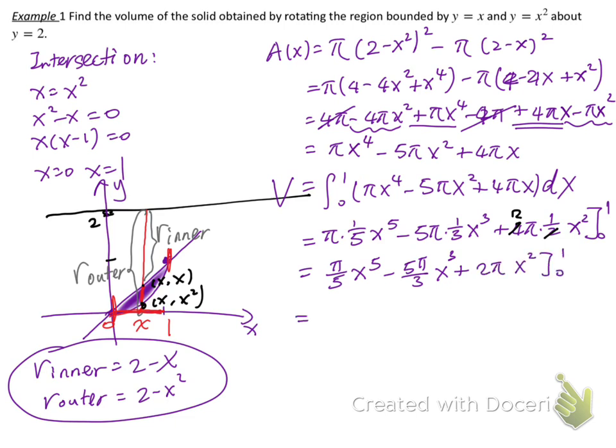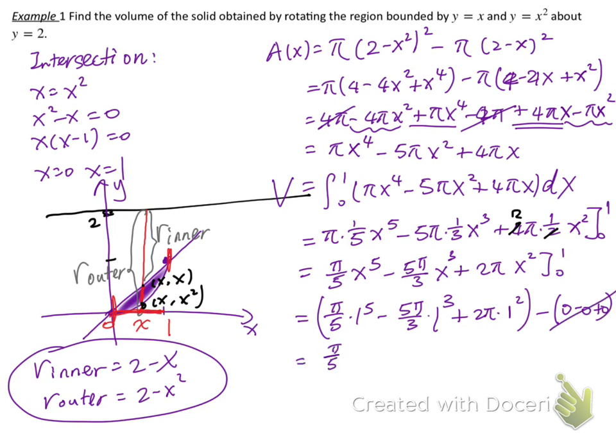Now plug in 1, you have pretty much all these coefficients, pi over 5 minus 5 pi over 3 plus 2 pi times 1 squared, minus, if you plug in 0, all of them is 0. I'm not going to copy the coefficients, but the whole thing is 0. So pi over 5 minus 5 pi over 3 plus 2 pi.